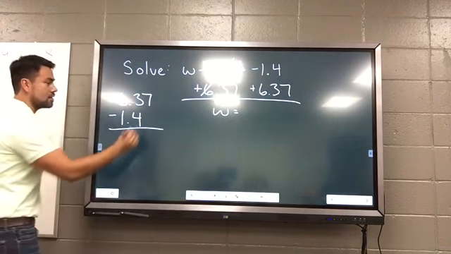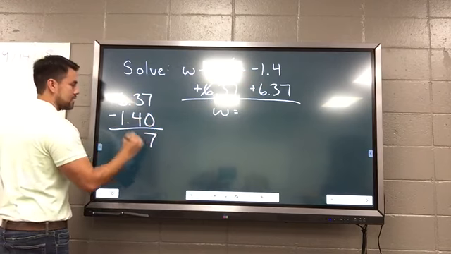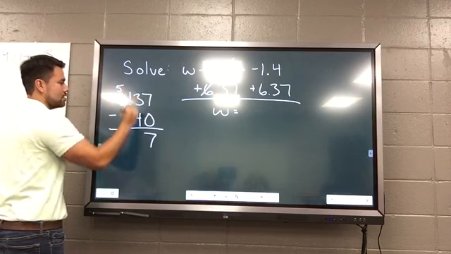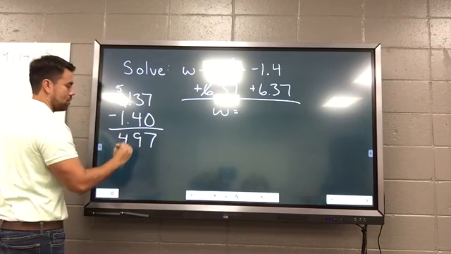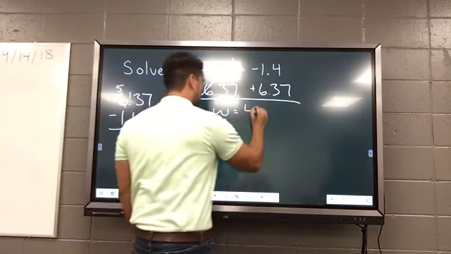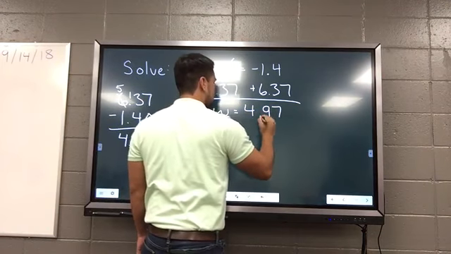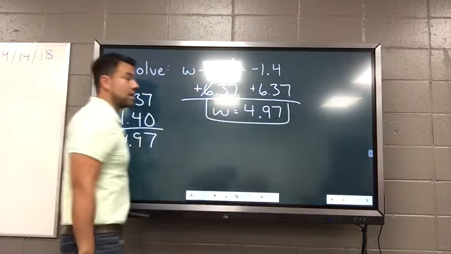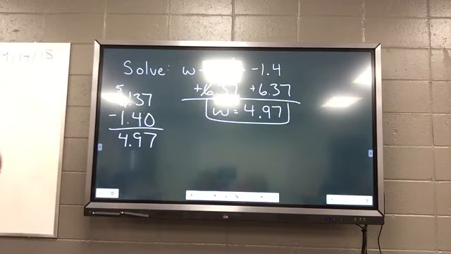Got to flip it. Yep. Okay, so now I have this problem, and I get 7, borrow if I need to, 9, 5, 4. Okay, so I got 4.97. Positive or negative? Positive. 4 and 97 hundredths. Okay, so just be careful and remember the rules for same signs, different signs when adding.